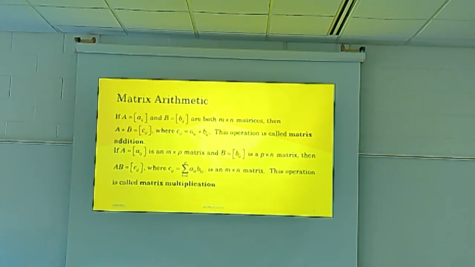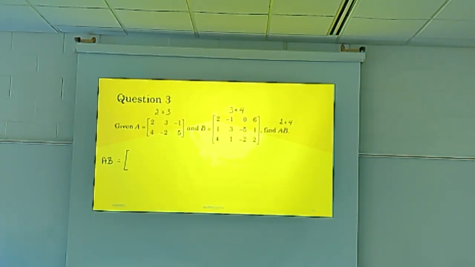Yeah, this sucks. So until you get the hang of it, if you think in terms of vectors, think of row 1 of A as a vector, column 1 of B as a vector, take their dot product. That's your entry.